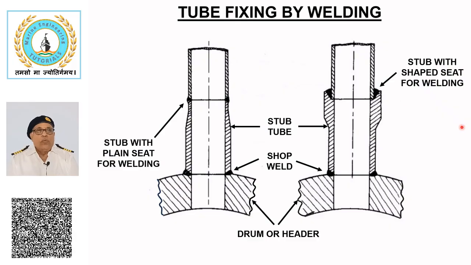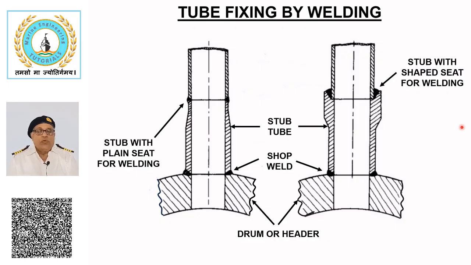site for tube attachment. In smoke tube boilers, tubes are welded directly to the tube plate at the manufacturer's works and the boiler is supplied as a complete package unit. Tubes are expanded before and after welding.